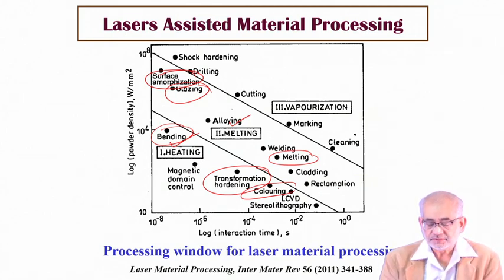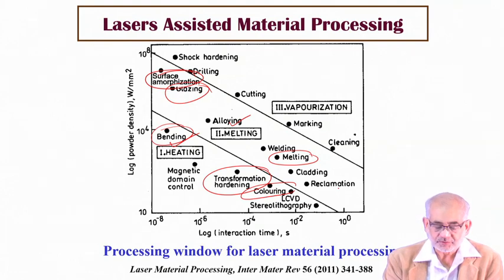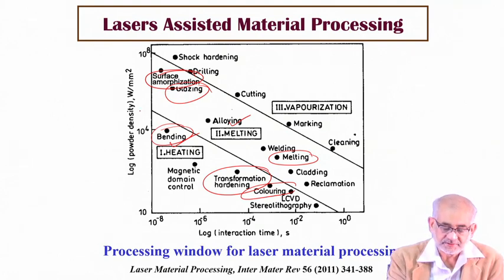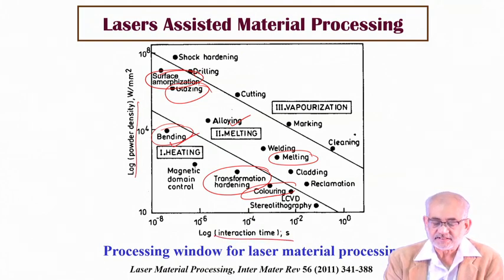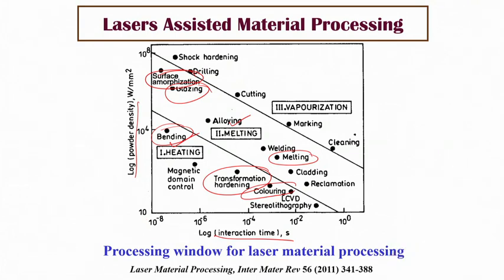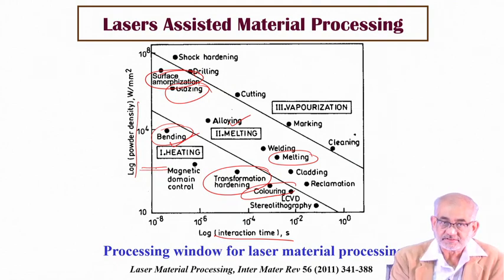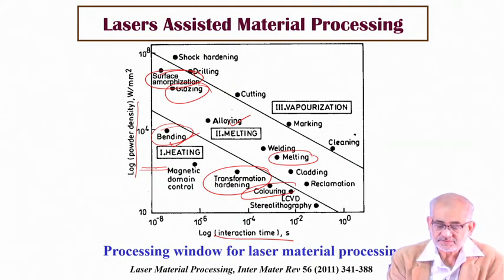Now when we are talking about that, we have to again recall the important point that we are only talking in terms of power density and interaction time, and the combination of these. So for example, when you want transformation hardening, you actually don't need to apply very high power density, so a relatively lower power density, but the interaction time would be moderate.